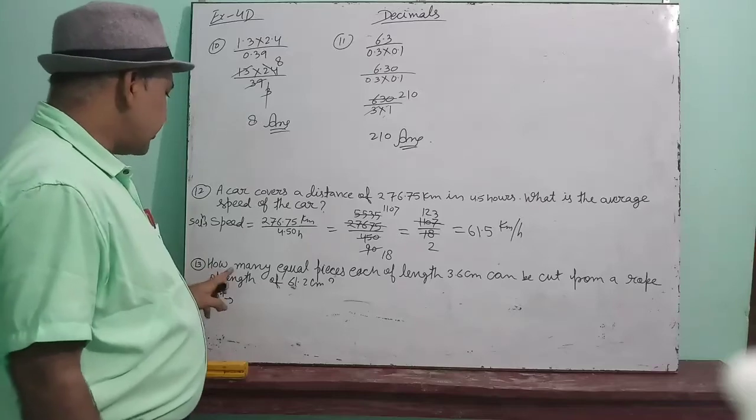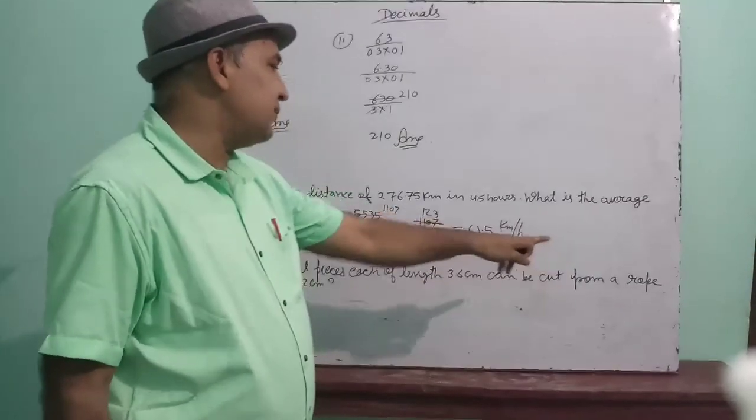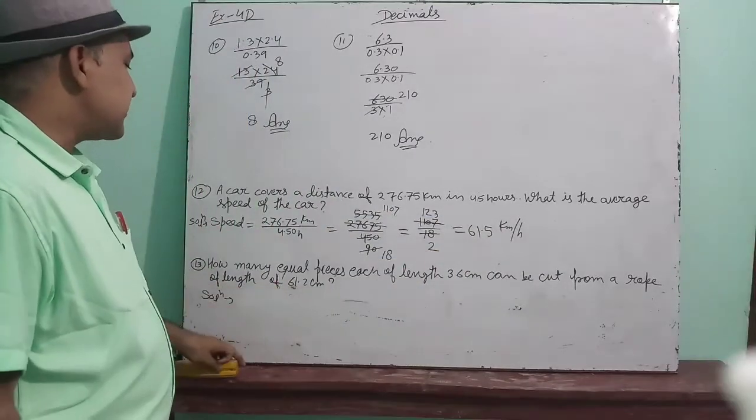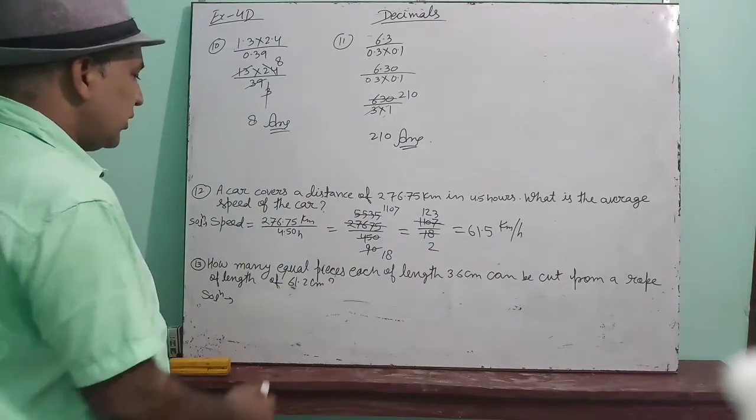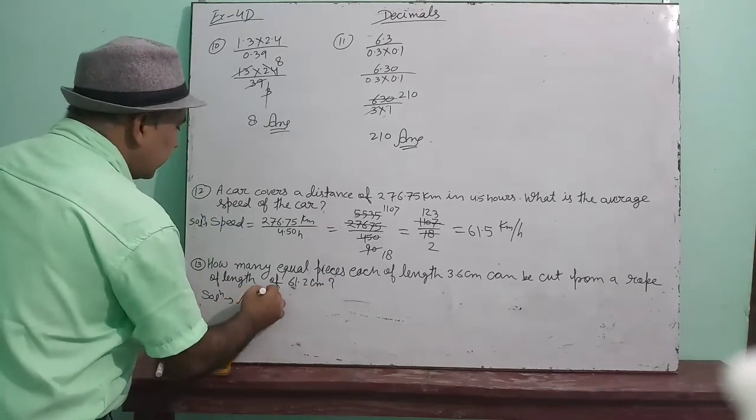Okay, now see this question. How many equal pieces each of length 3.6 cm can be cut from a rope of length 61.2 cm? To solve this question, you have to learn one technique.